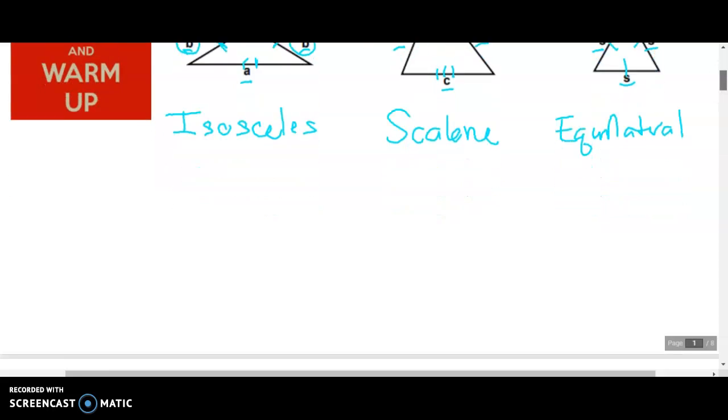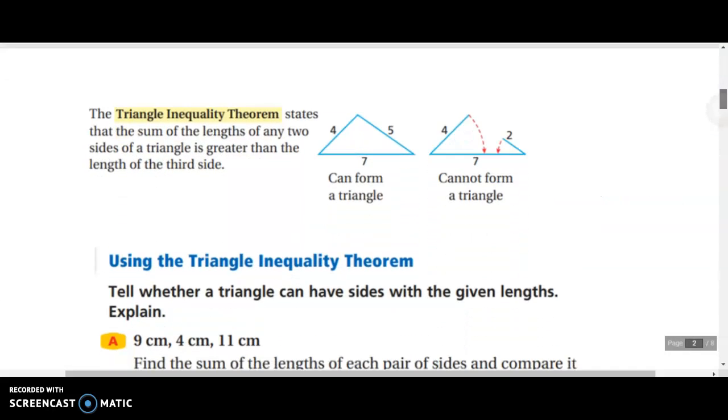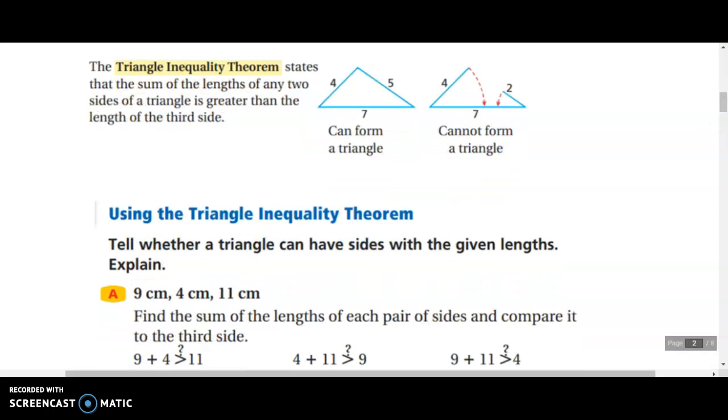All right. Quickly reviewing the triangle inequality theorem that you just watched and completed a video on. Remember that in any triangle, the sum of any two sides must be greater than the length of the third side. That doesn't mean that you have to, as in the beginning of the video, add up all of the different possibilities and check it.